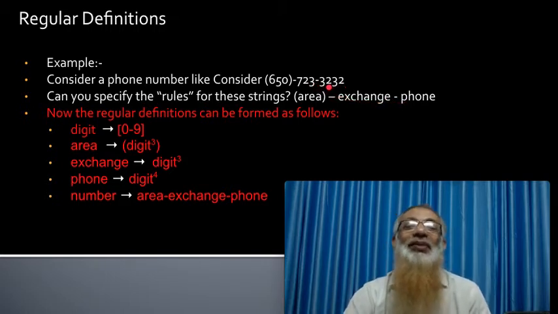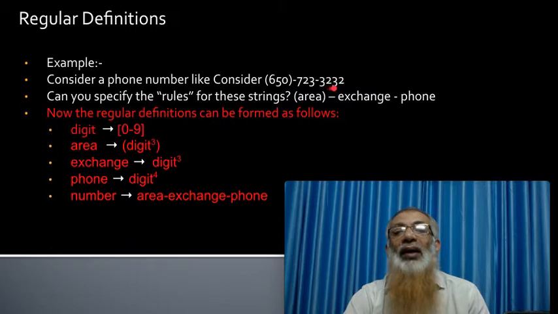This is the arrangement. Now this example and these rules give us enough arms to frame the regular expressions and regular definitions. As you can see here, all these are a combination of digits. This number matters, and the presence of parentheses should also be taken care of. So first of all, we will try to form digits as such.